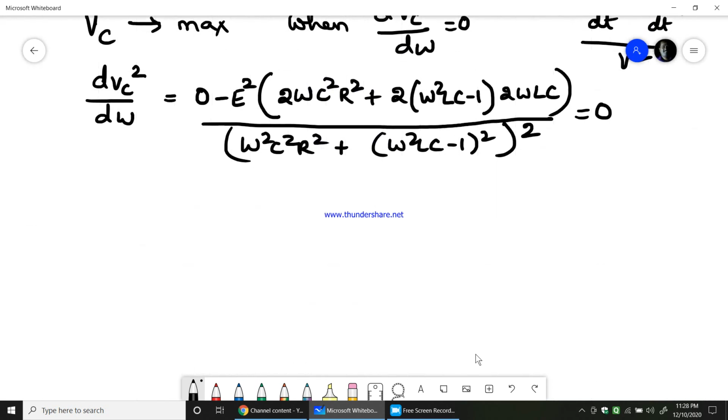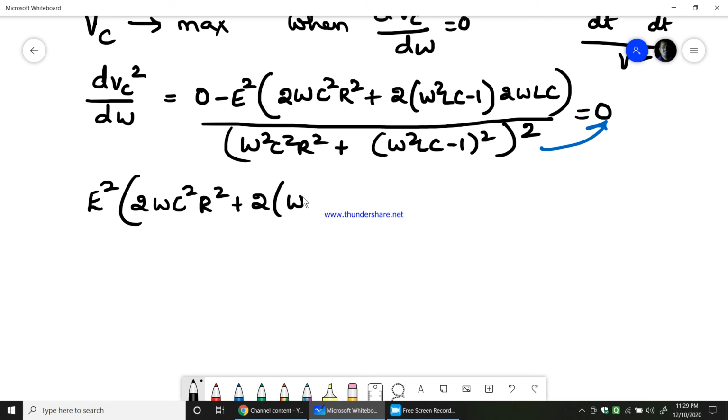Now if I multiply this denominator with this, it becomes 0. Therefore, I can easily say that E square into 2 omega c square R square plus 2 into (omega square LC minus 1) into 2 omega LC equals 0.